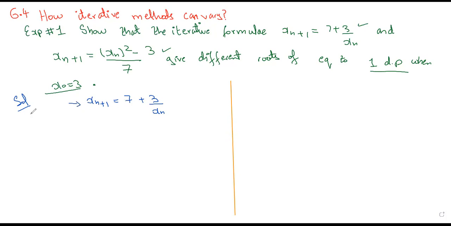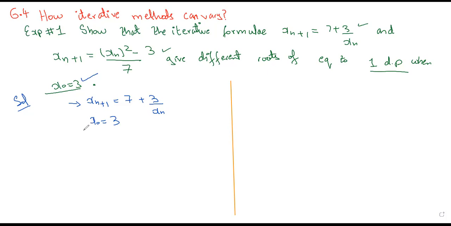So what is the rule? We have to write x naught, x1 till root, right? We know this. I will not write this, but we know how it works. So what is x naught? X naught is 3. Here we have been given our x naught, right? Yes.